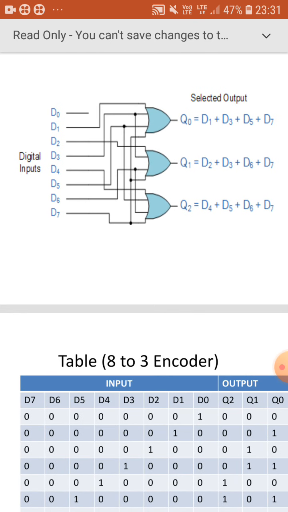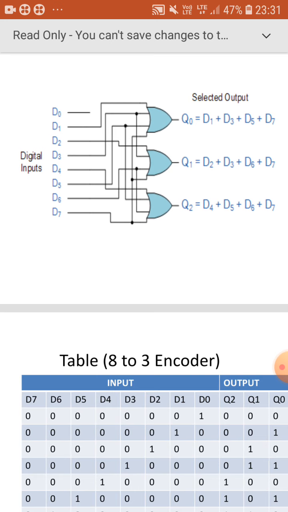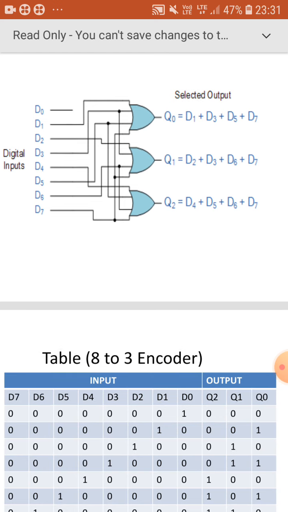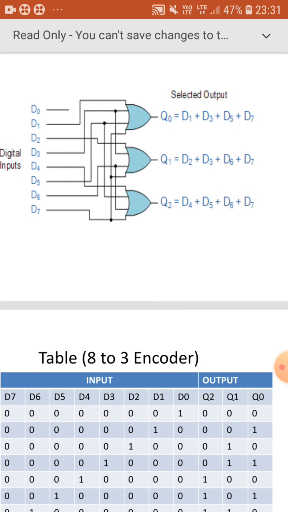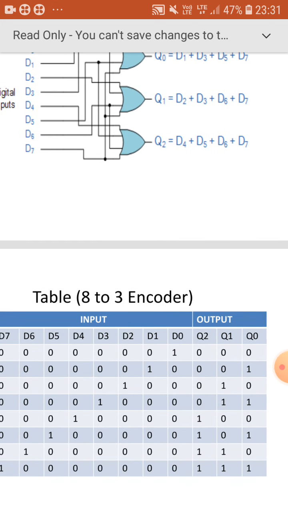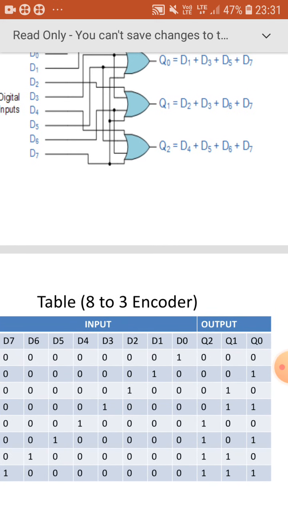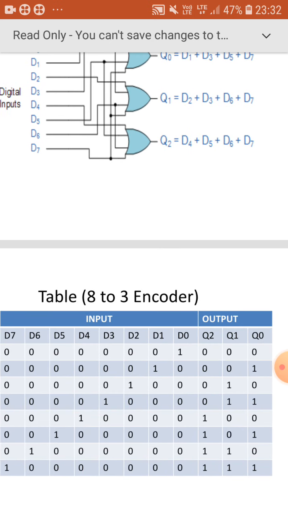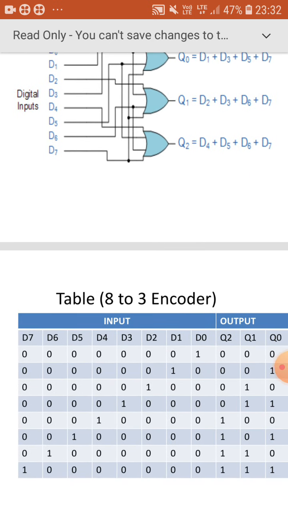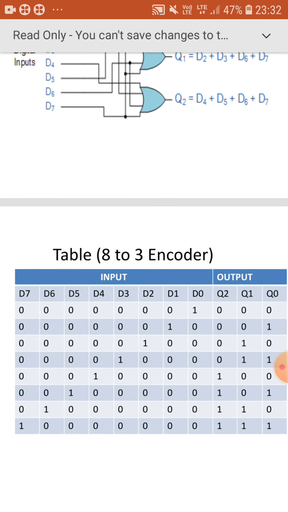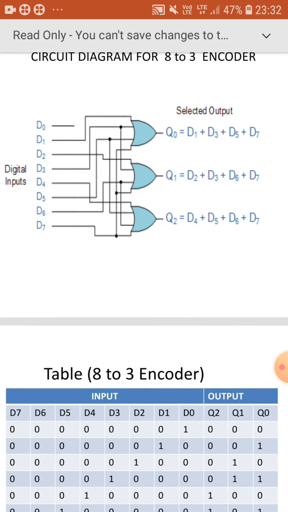Next I am applying D2. D2 is applied to the second OR gate. Okay, the output of the second OR gate is Q1. So Q1 is equal to 1. So if D2 is equal to 1, the output will be 0 1 0. Next I am applying D7 is equal to 1.